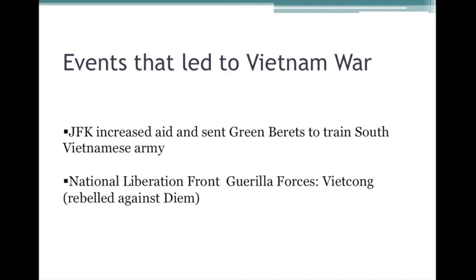JFK will put it out there that he might be supportive of a military leader that might want to take over in South Vietnam to rebel against the National Liberation Front guerrilla forces. So, what this ends up looking like is that the U.S. is trying to perform a coup in Vietnam.